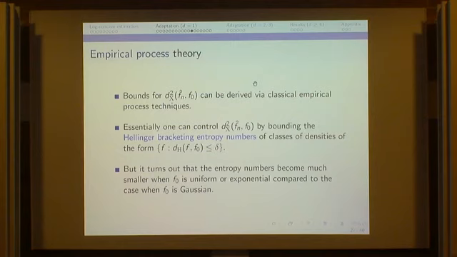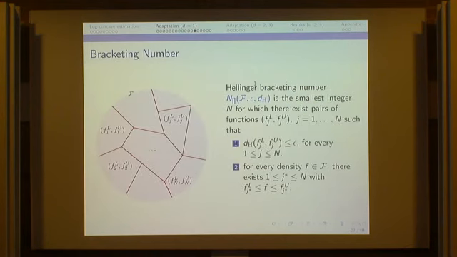I'm not sure if all of you are familiar with this complexity number, so I wrote down a formal definition of the bracketing number here. When I say Hellinger bracketing number, we usually denote it by capital N, since this is a number, and we call this a bracket.